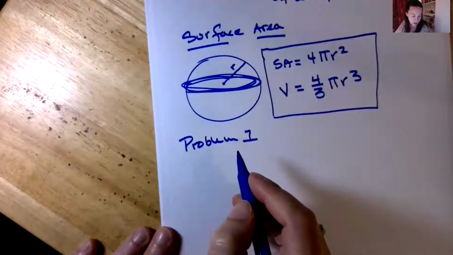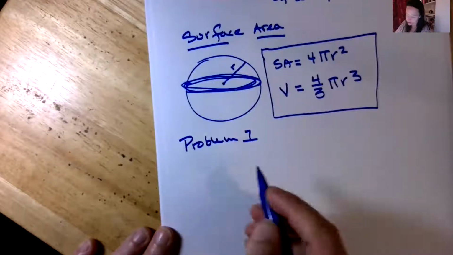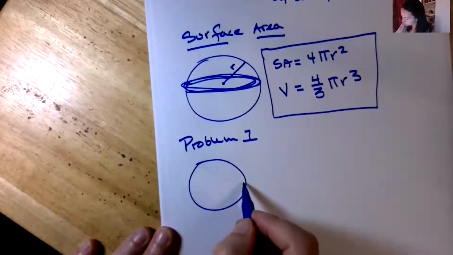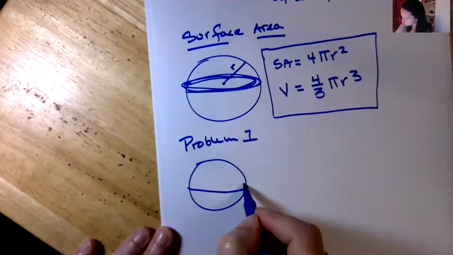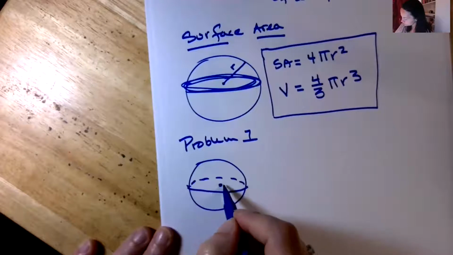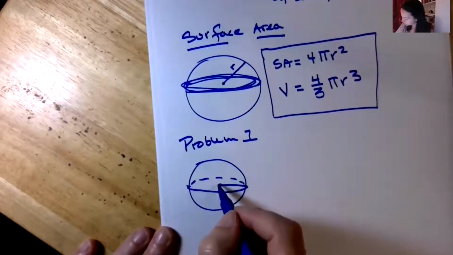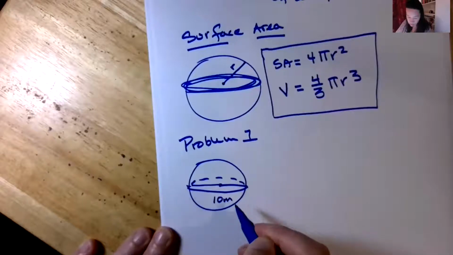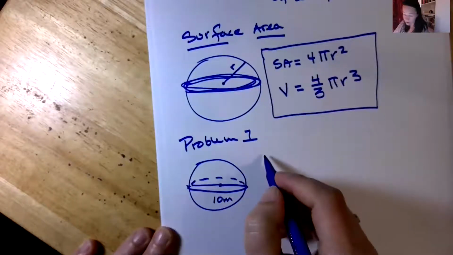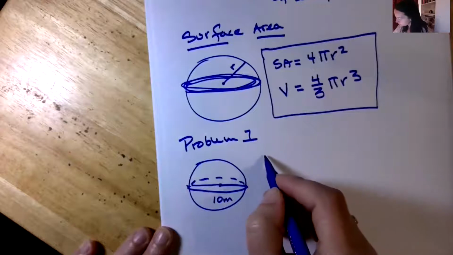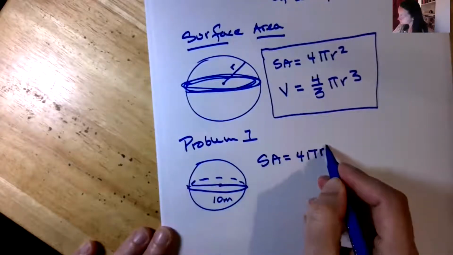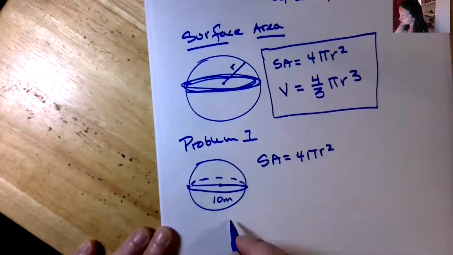What's the surface area of the sphere in terms of pi? In this sphere, we have a diameter of 10. Surface area is going to be 4 pi r squared.